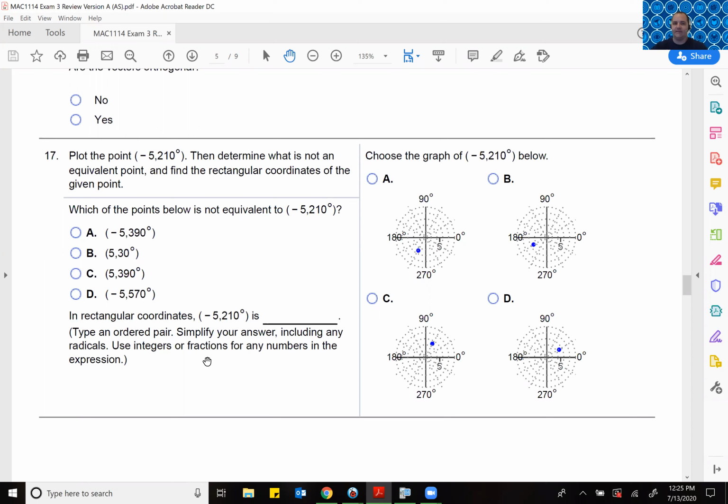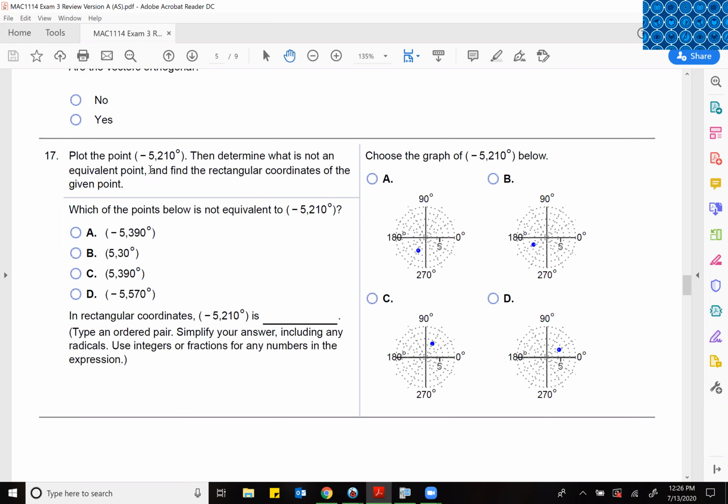So the first thing is, when we graph this, you're going to graph this as if this is a +5, okay? You're going to graph that as if it is a +5, okay?